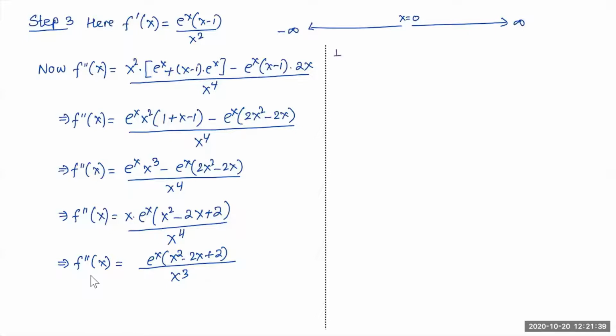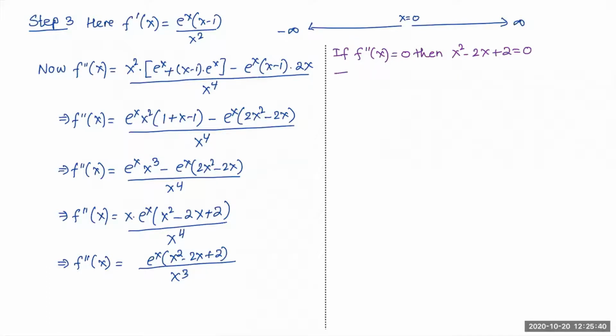If the second derivative is equal to 0, then what we are saying is that the numerator is 0. And numerator will be 0 only when the quantity inside the parenthesis is 0. That is when x squared minus 2x plus 2 equal to 0.